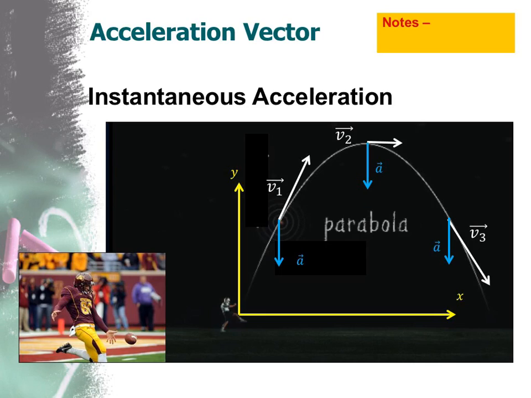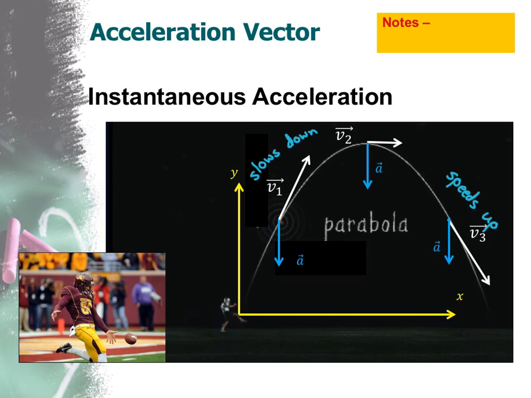If you think about it, if there were no acceleration right here, well, this velocity vector wouldn't change, which means that this ball would just continue to fly to the right. And we know that's not what happens. We know that doesn't happen in real life. The ball comes back down. So there has to be some acceleration here at the top, and it is pointing back in the downward direction.